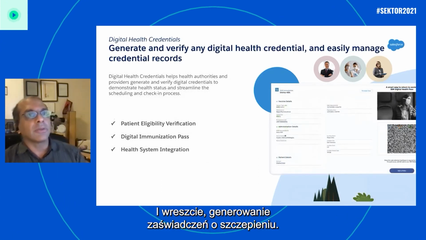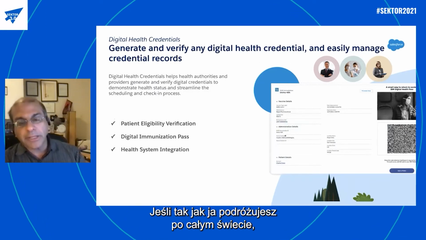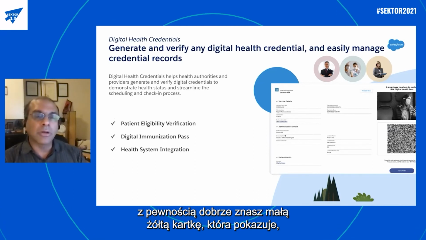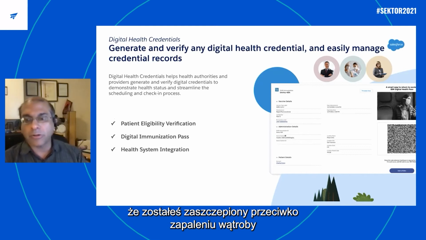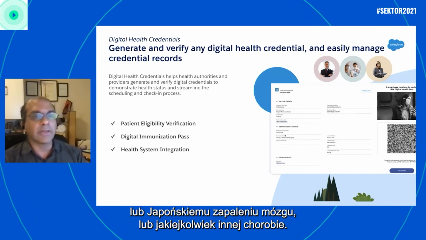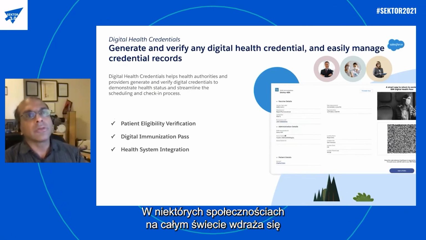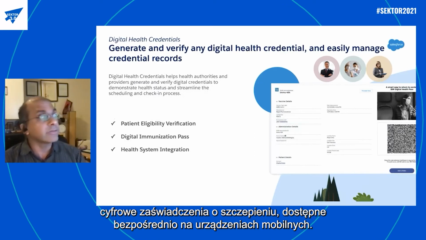And then lastly, generating healthcare credentials. If you're like me and you've traveled around the world, very often you're very familiar with the little yellow card that shows that you've been vaccinated against hepatitis or Japanese encephalitis or any of these number of things. In some communities around the world, they are looking at rolling out digital health credentials that may sit on your mobile device.